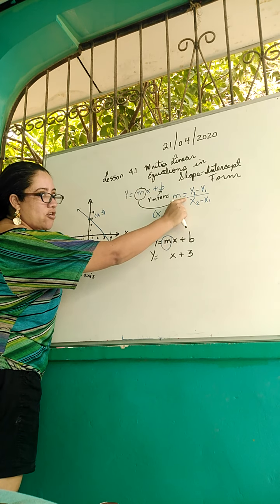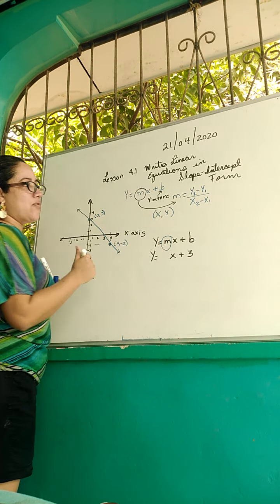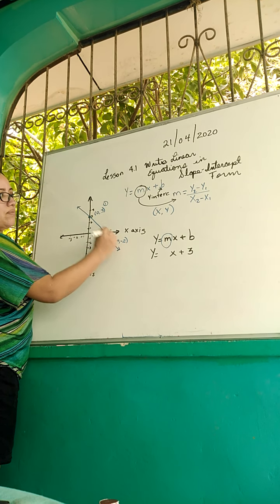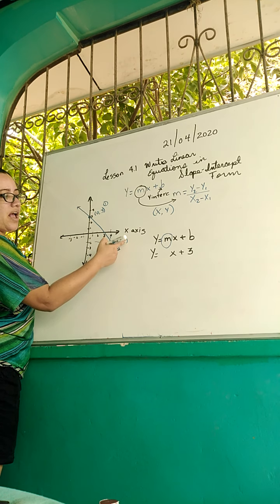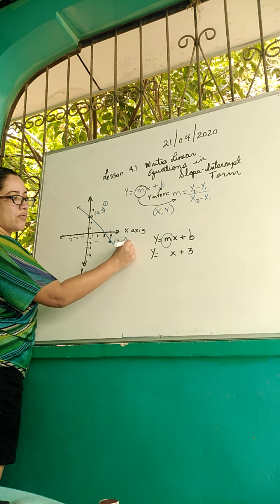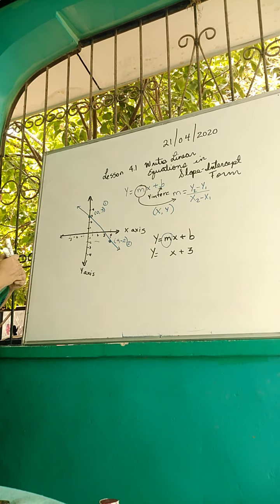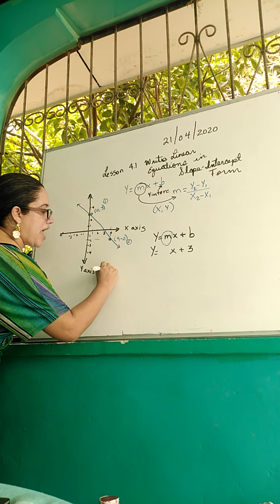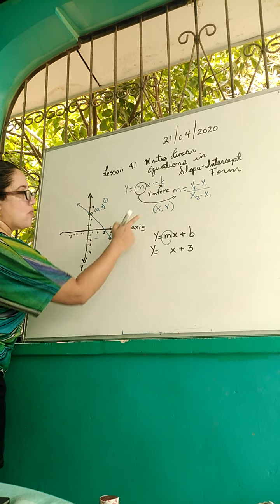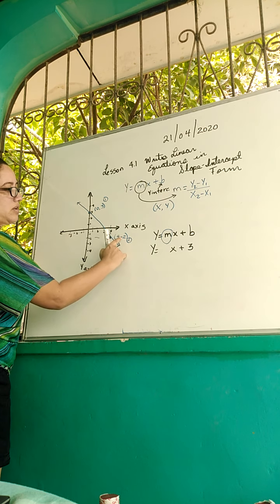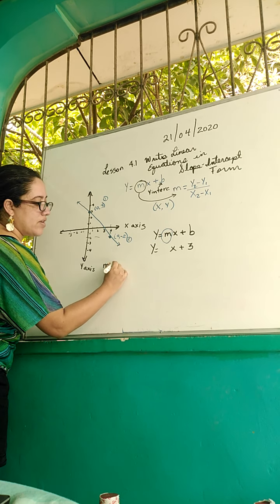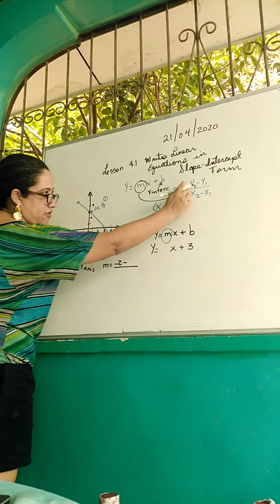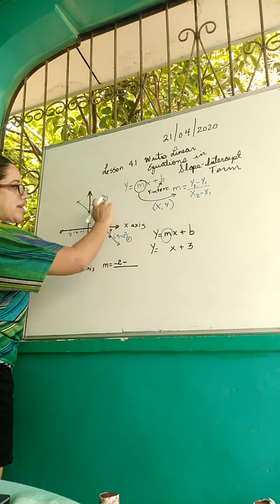By using the formula. This is coordinate number 1, and this is coordinate number 2. So now let's plug in the formula. We have m equals, what is y2? We have negative 2, minus, from the formula, what is y1?